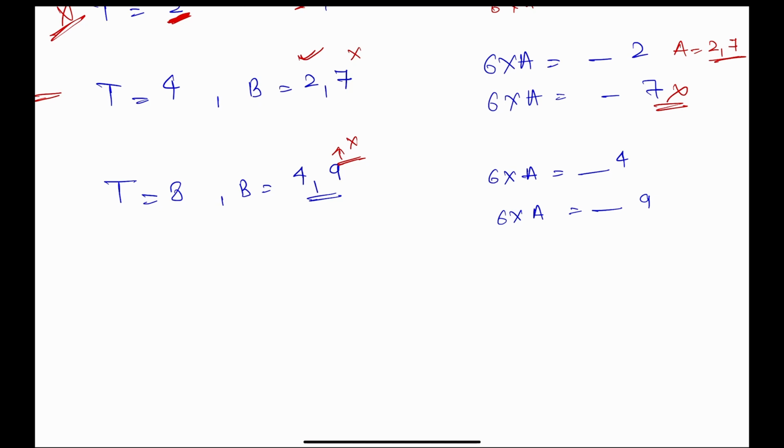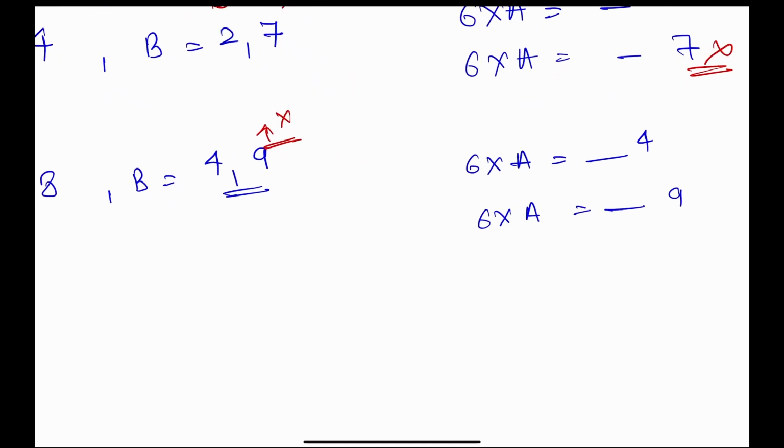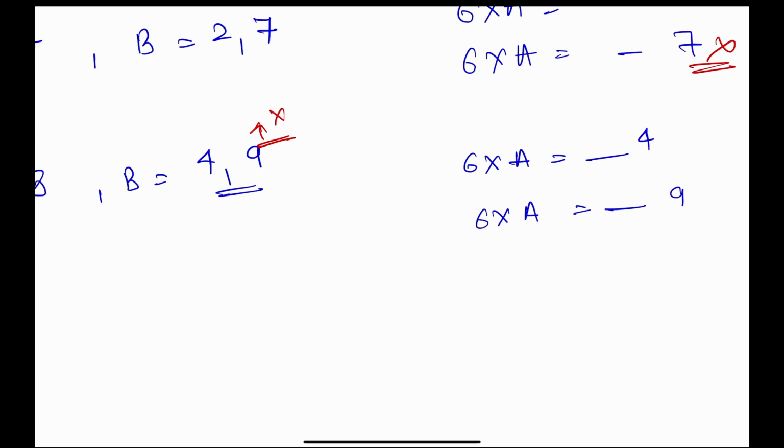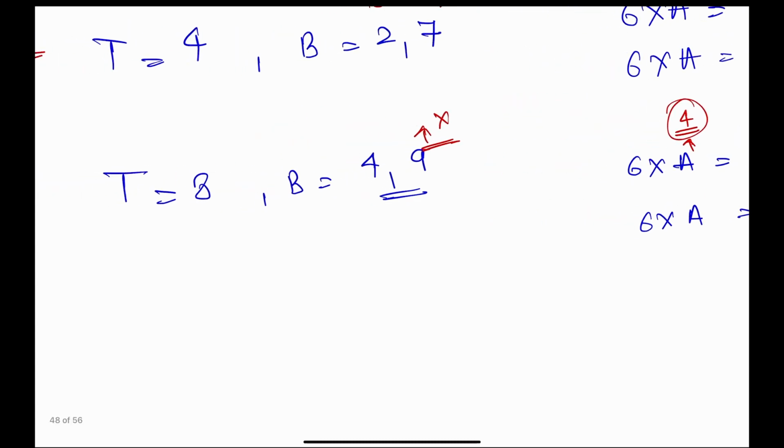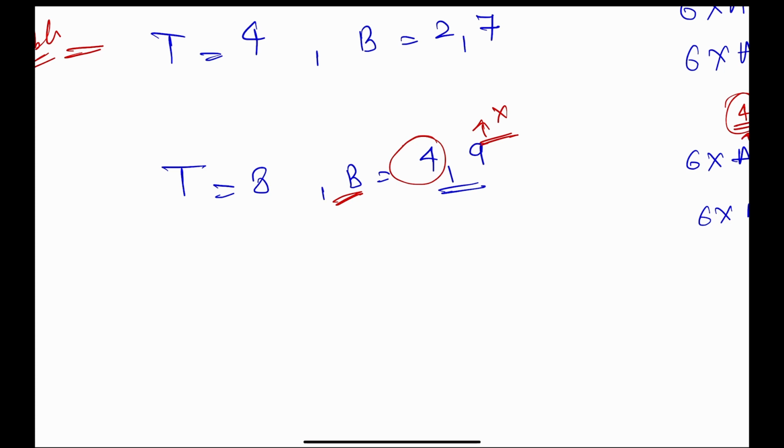When will it be 4? It will be 4 only when A is 4, right? And if I take A as 4, then it will contradict B as 4. This is also not possible.